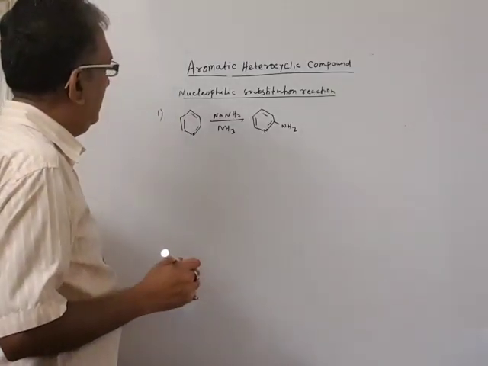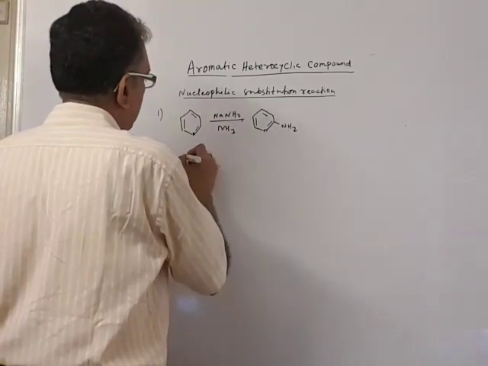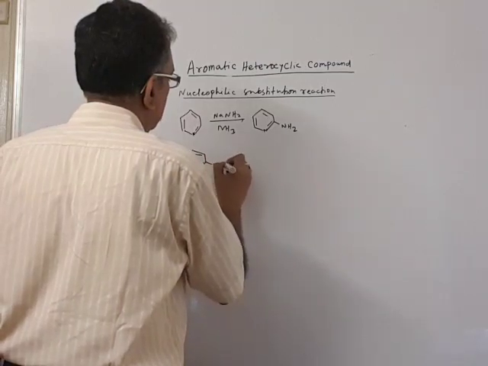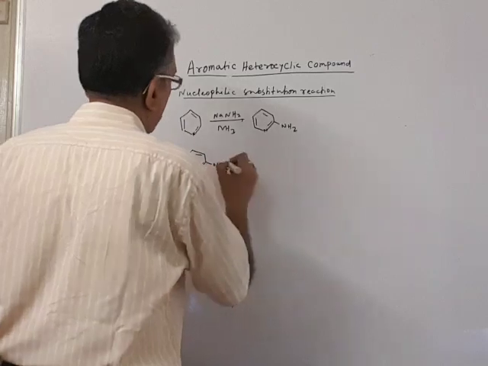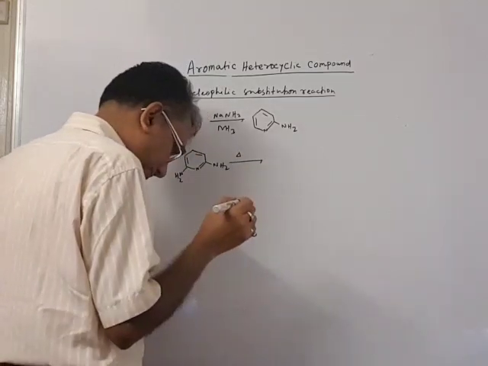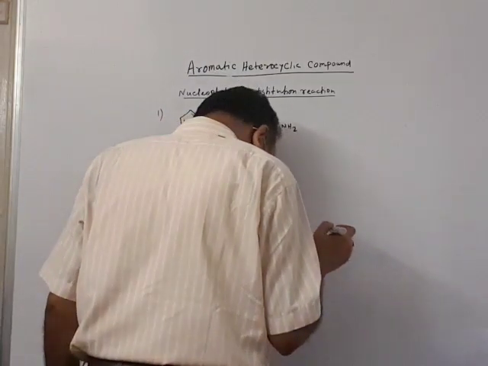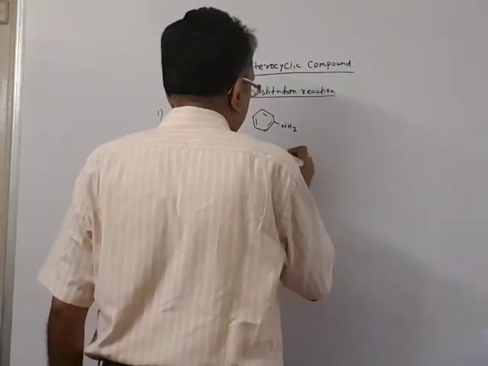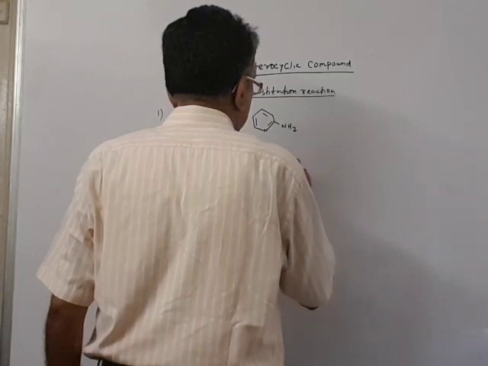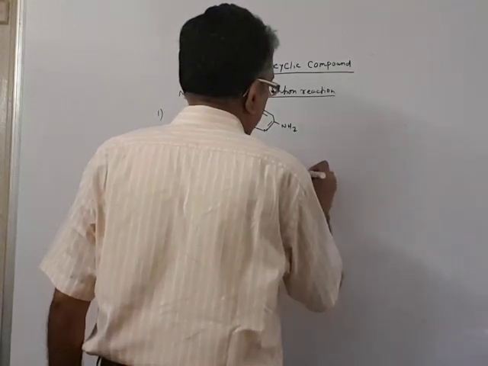Now, this is nucleophilic substitution, and if we take excess of sodium amide and it is heated again in presence of ammonia, then we are getting 2,6-diamino pyridine.